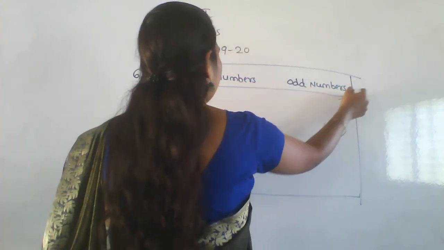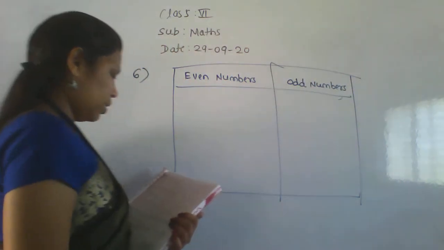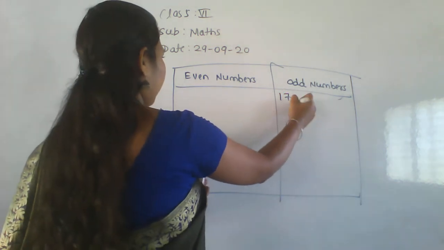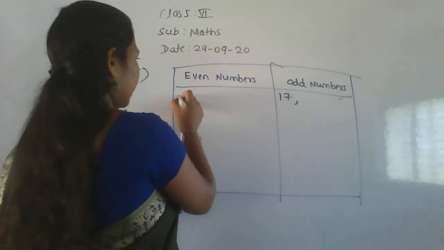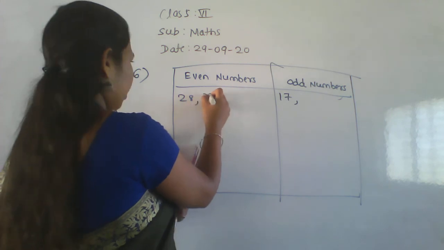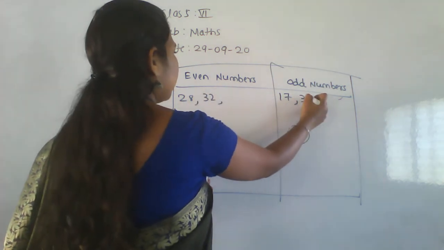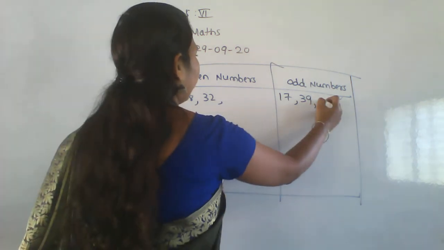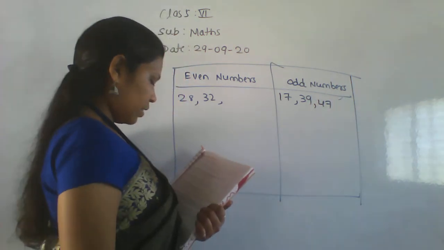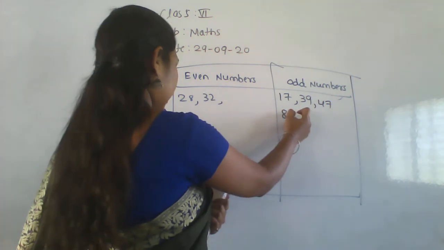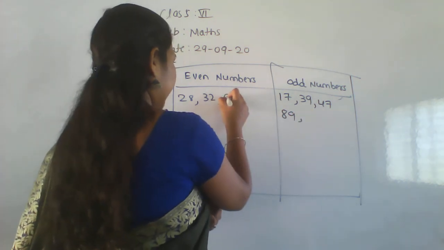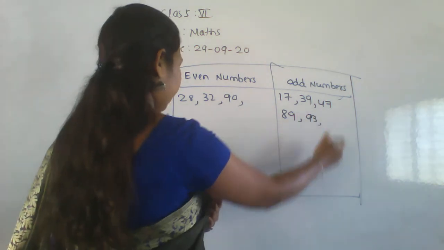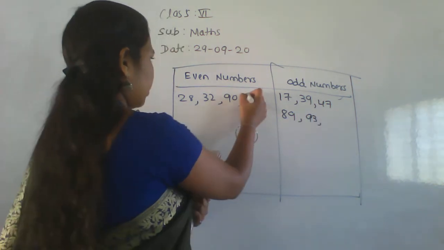Okay. 17 is an odd number. 28 is an even number. 32 is even. 39 is odd. Next 47. After that 89. Next 90 here. Next 93 here. 96 here.